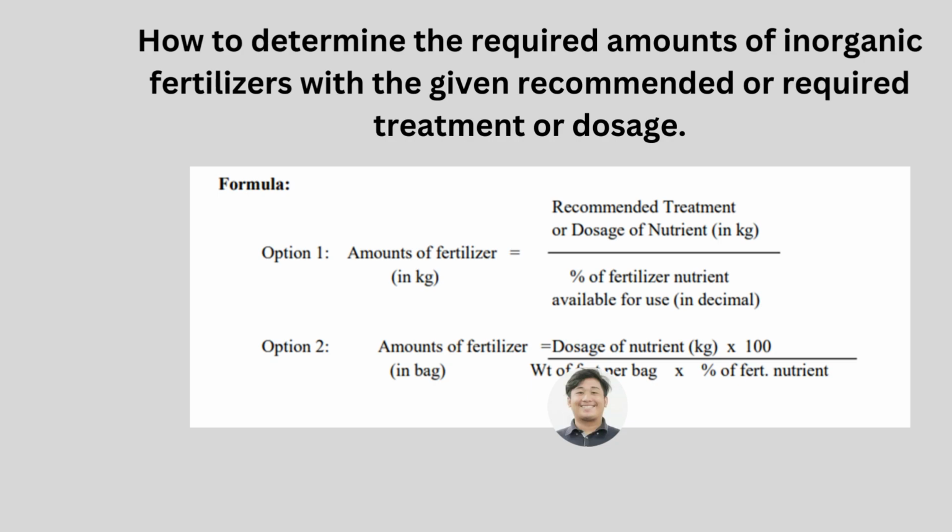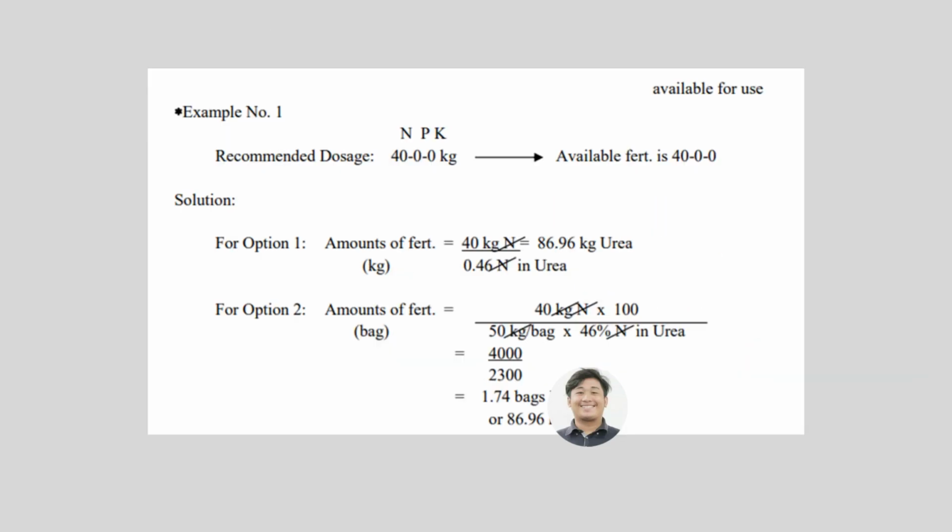Option two is solving in bags. The amount of fertilizer equals dosage of nutrient in kilograms times 100, over the weight of the fertilizer bag times the percent of fertilizer nutrients.